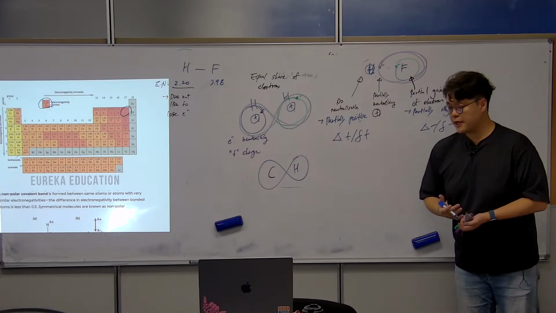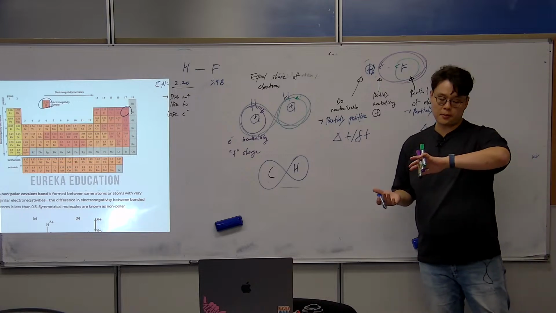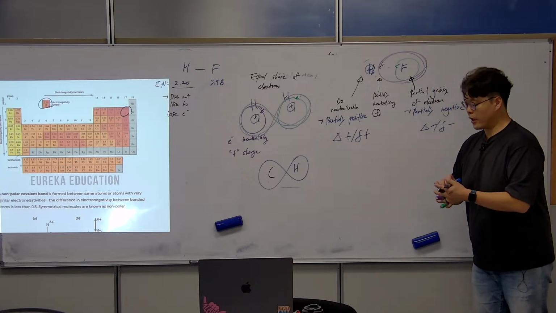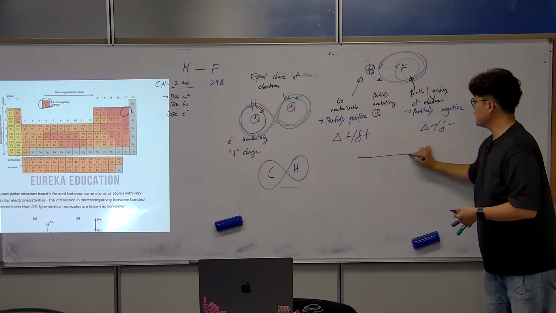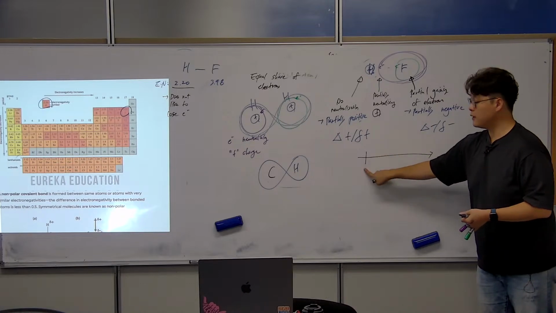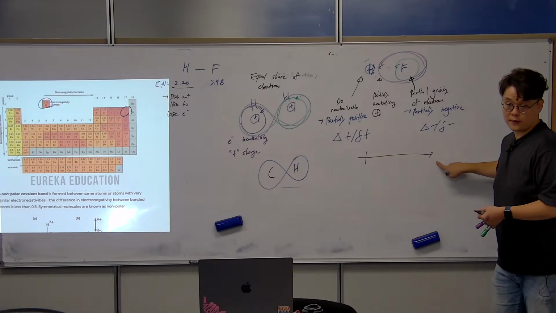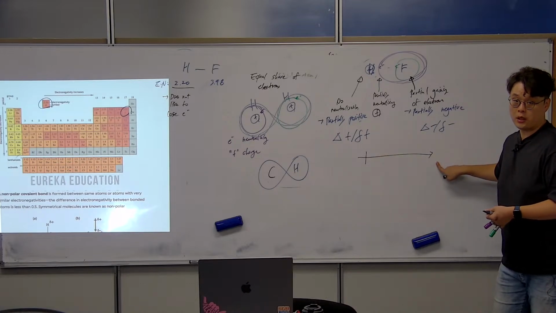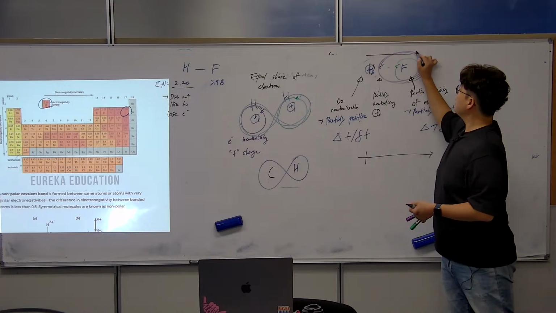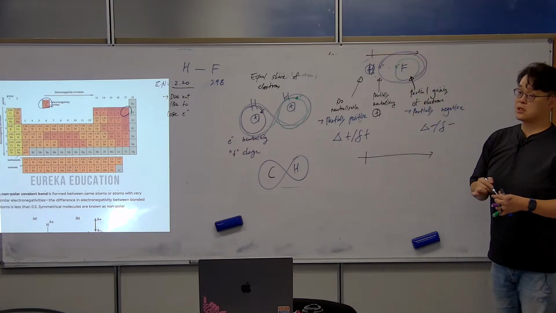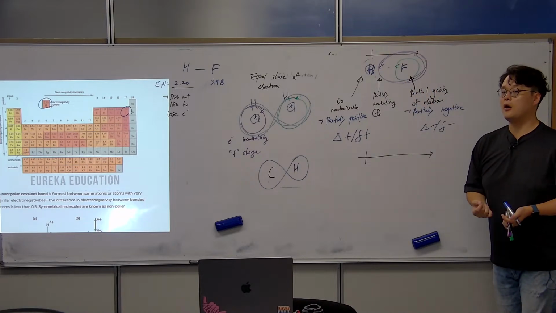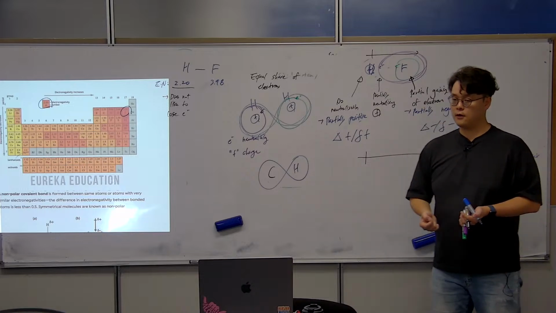This means that there will be some partial charges of positive and negative. This is also how we describe that in the arrows, moving from positive to negative in this order, which means it now carries some partial positive and negative.